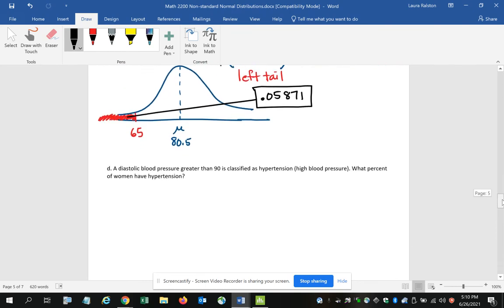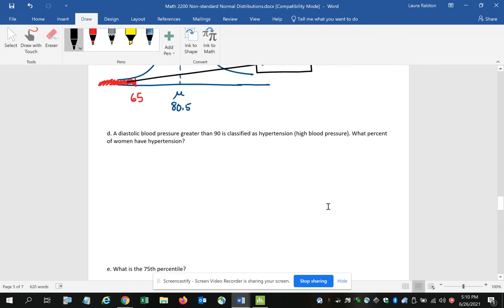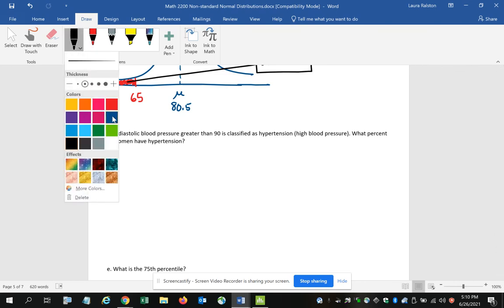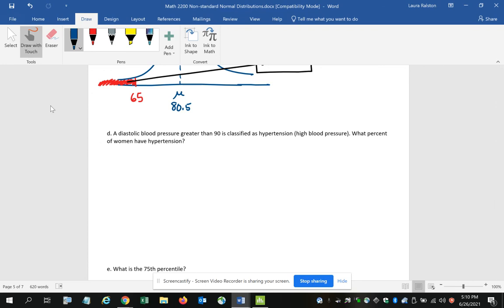All right, letter D, same scenario. A diastolic blood pressure greater than 90 is classified as hypertension or high blood pressure. What percent of women have hypertension? So again, thinking about this, we have our horizontal axis, our bell-shaped curve, because we know that the blood pressures are normally distributed with a mean of 80.5 and a standard deviation of 9.9.